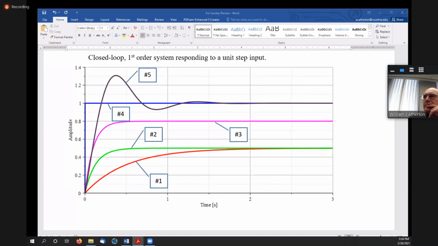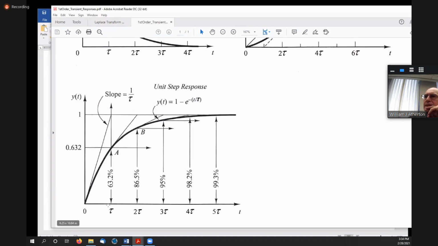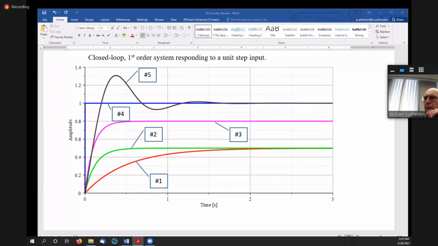It's a step input. So you look at the final value of the function up here. You take 63.2% of that, find this value, and then read the time at which that occurs, and that would be one time constant. So let's see if we can apply that.